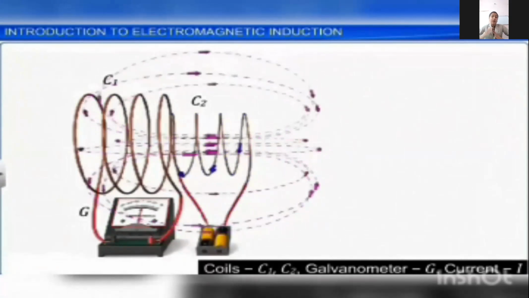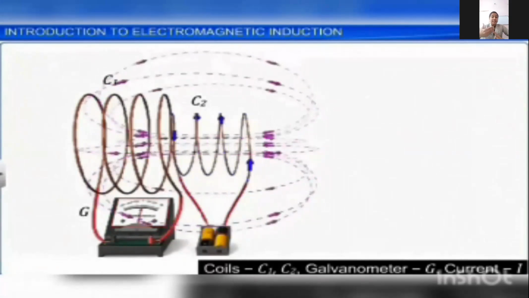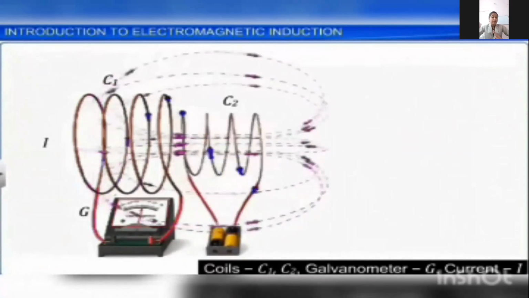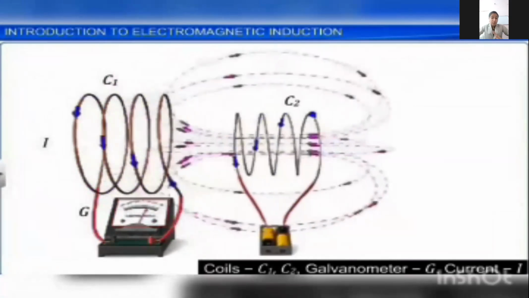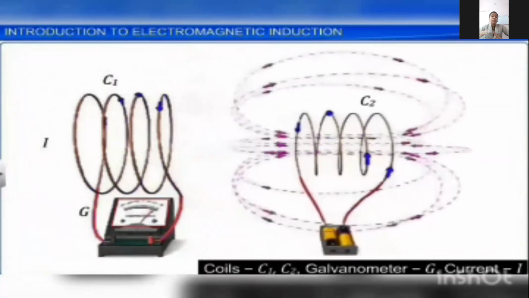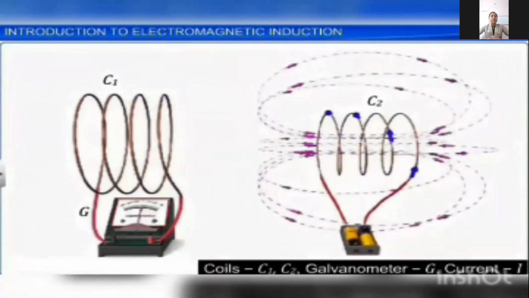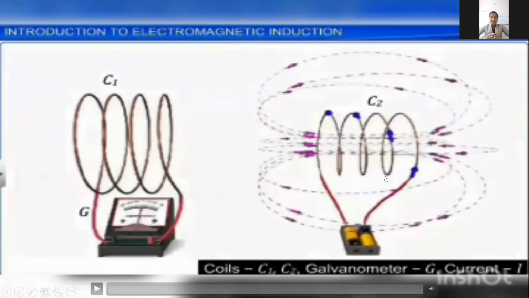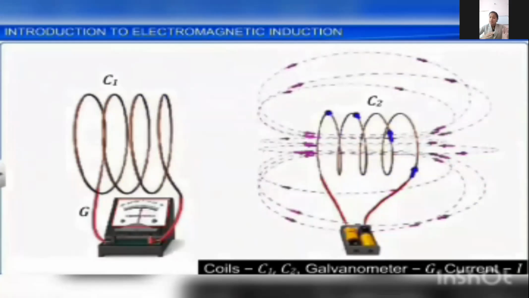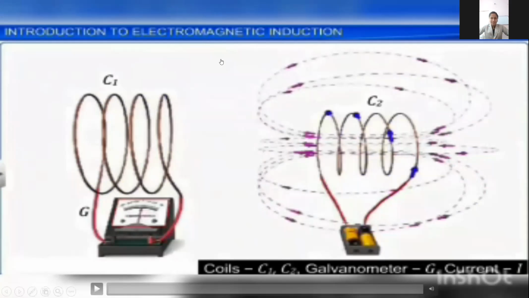Again, if we move coil C2 back away from C1, we also see a deflection in the galvanometer. So from this, we understand that the relative motion of the two coils induces a current as well as an EMF in the coils. That is the second experiment. Now we can see the third one.